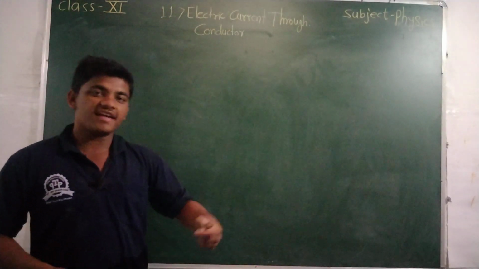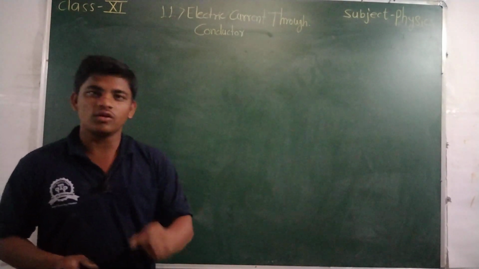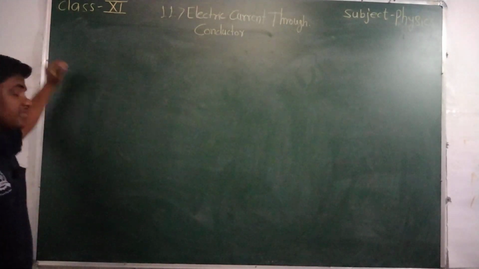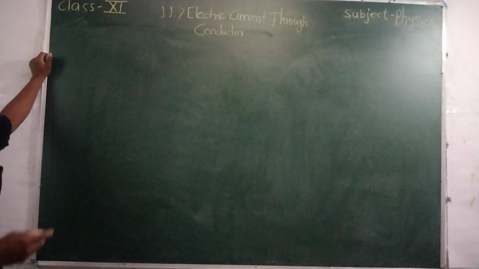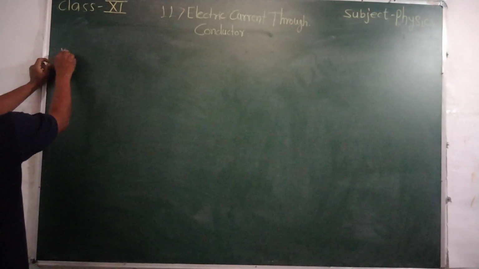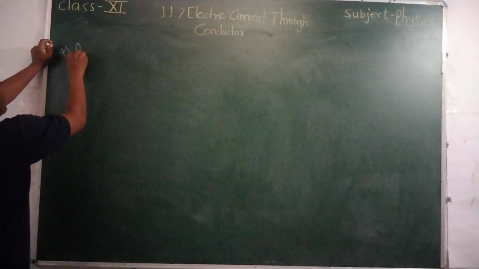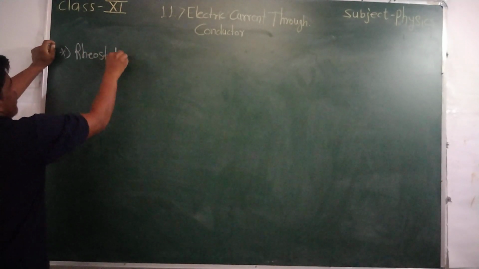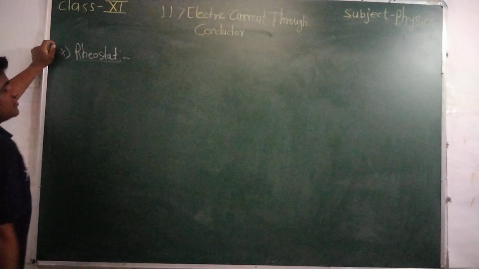In this lecture we discuss the next electronic equipment, that is the rheostat. It is useful for the adjustment of the electric resistance and current also. Let us take the heading of the next point: rheostat.